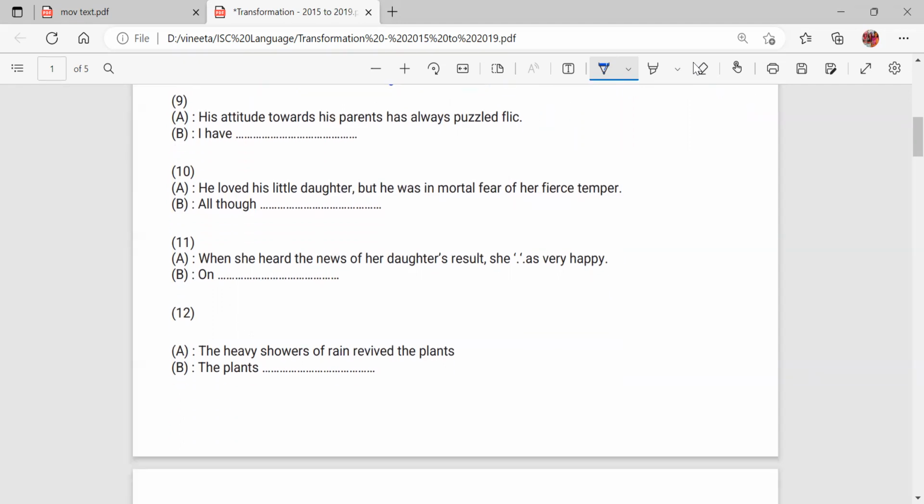His attitude towards his parents has always puzzled me. Here it has to be "me". Now see, "me" is there in the object, and the sentence which you have to make is beginning with "I". So in a way, it is an active voice which has to be changed into passive voice.